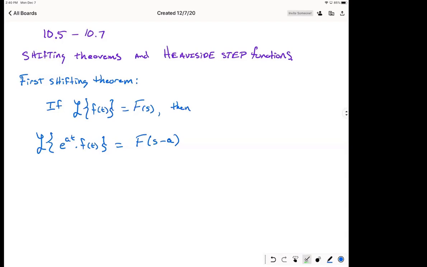And it gets called the shifting theorem because we are shifting the function to the left or to the right depending on the value of a. And the converse of that is also true.